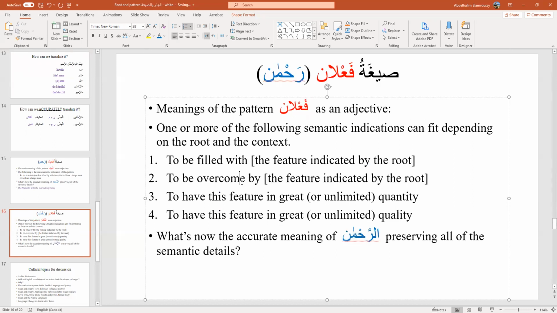The pattern fa'lan as an adjective can be indicating one or more of the following semantic indications that can fit depending on the root and the context.